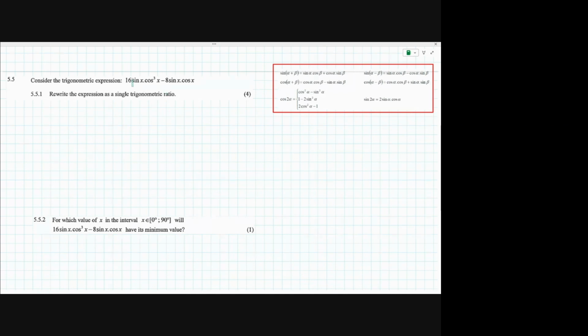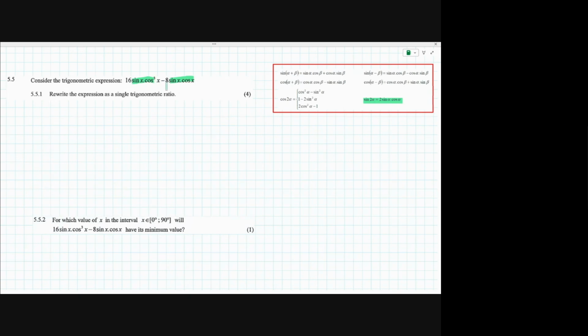What I mean by that is this sine x cos x situation. Granted, it's a cos cubed x. We can get there. That should automatically remind you of the sine double angle identity because it's a sine cos. Yes, there's a 2 coefficient there, and we can sort that out if we need to, but immediately we need to be making those links.